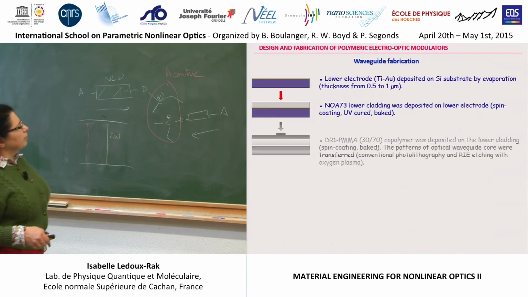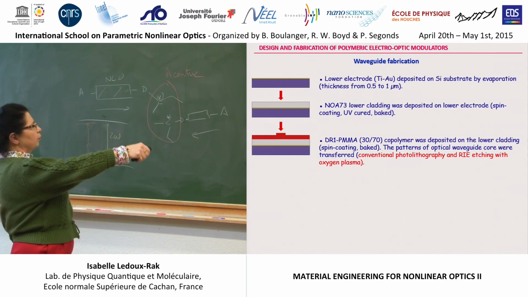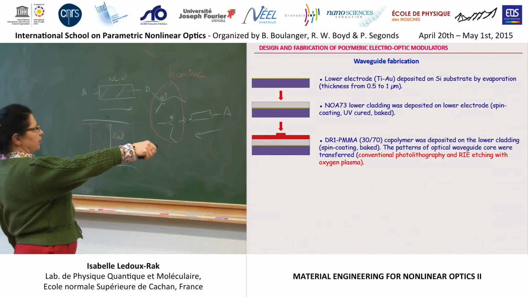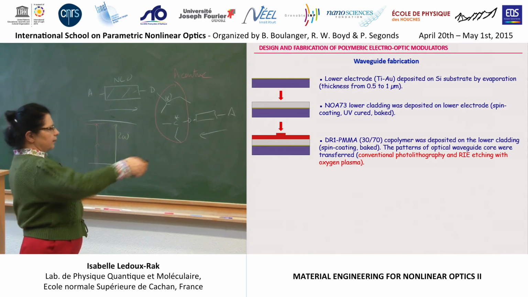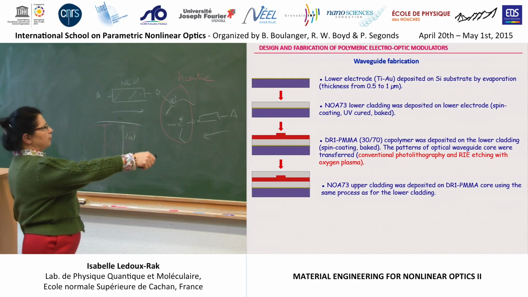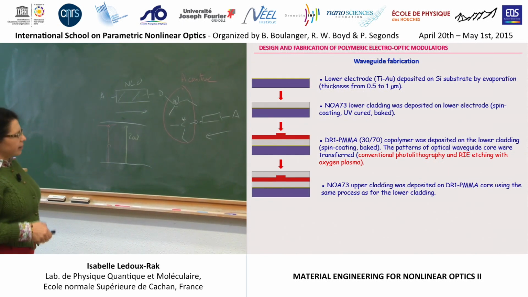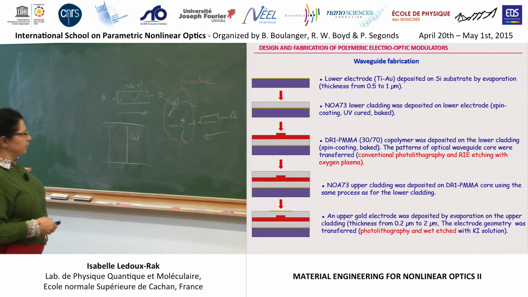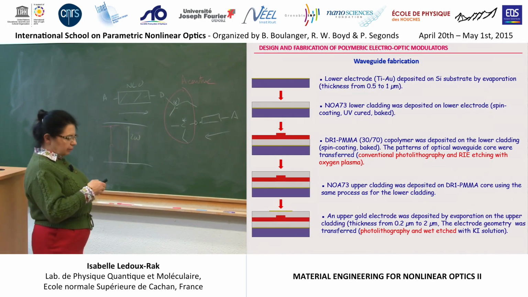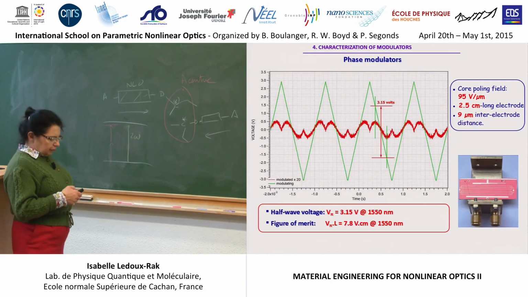Another possibility is to make waveguides where only one small part is above the general layers. It's the same principle, with different materials, but it's the same system. Okay, that's how it works.